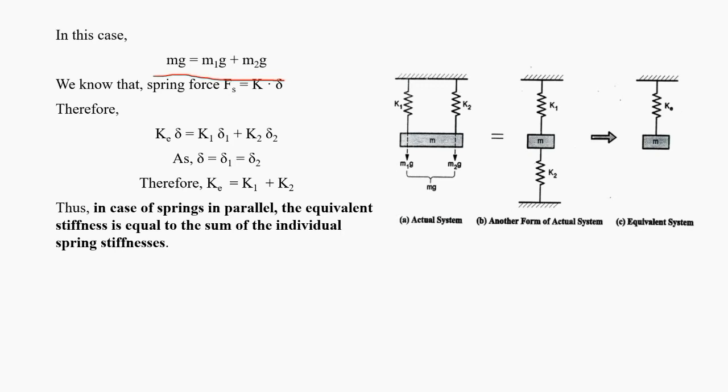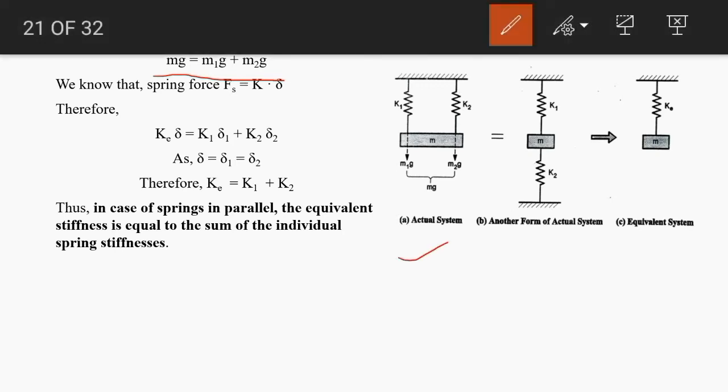For the system in static equilibrium, the system is not in motion, so the spring force would be equal to mg, the weight. So mg is equal to ke into delta for this equivalent spring system. For spring number 1, m1g is equal to Fs1, and for spring number 2, m2g is equal to Fs2.